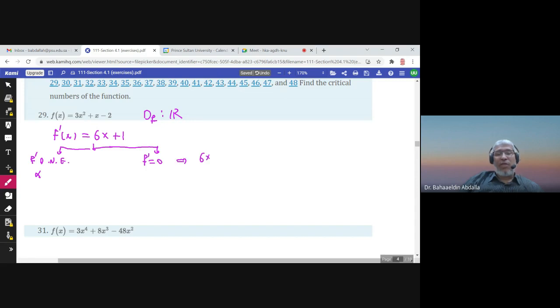I can let 6x plus 1 equal 0. Then x would be -1 over 6. And it is in the domain because the domain is all real numbers. So the critical number is -1 over 6 because -1 over 6 makes the derivative 0 and it is in the domain of f.